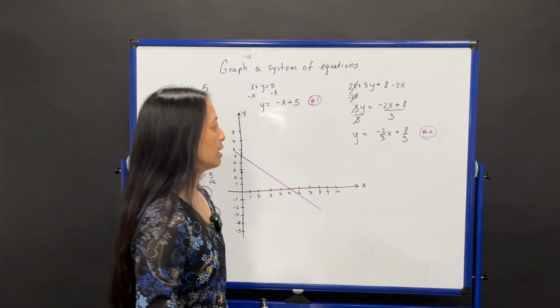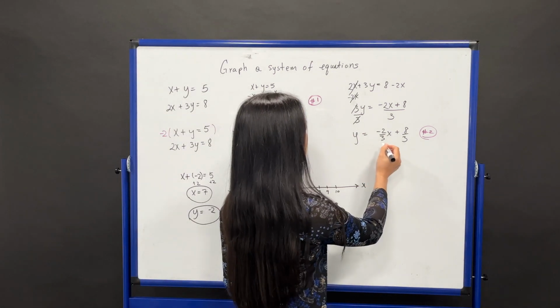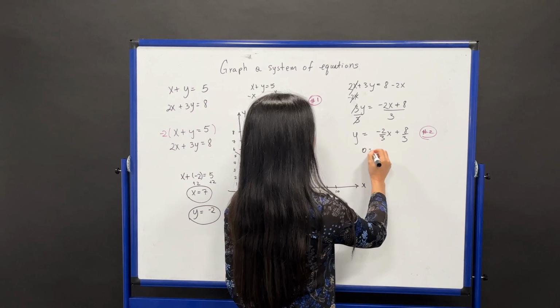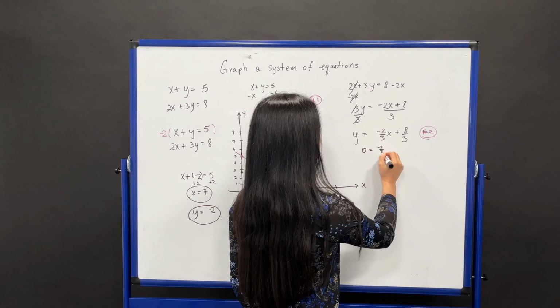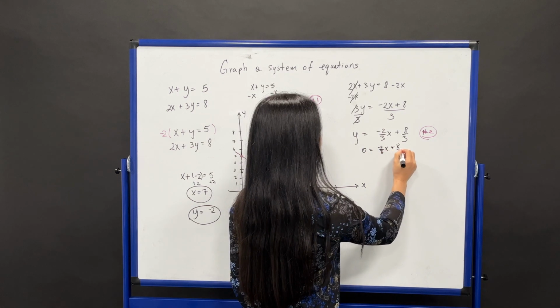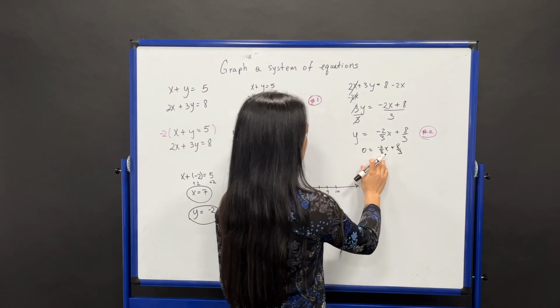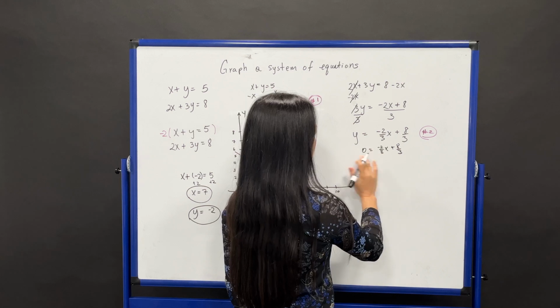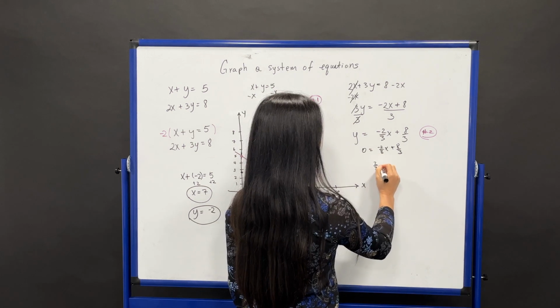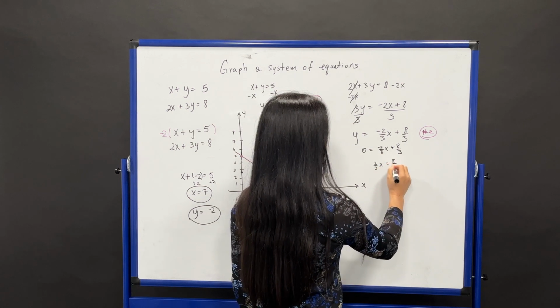Now let's solve for the x-intercept. The x-intercept occurs when y is equal to 0. We're going to add 2/3 x to the other side. It's going to equal 8/3.